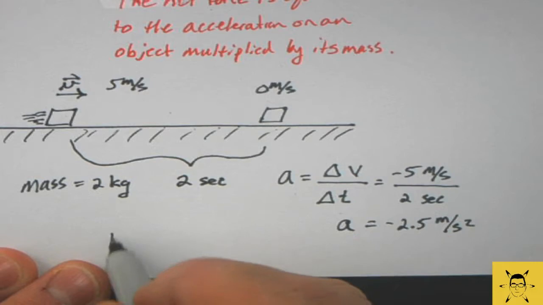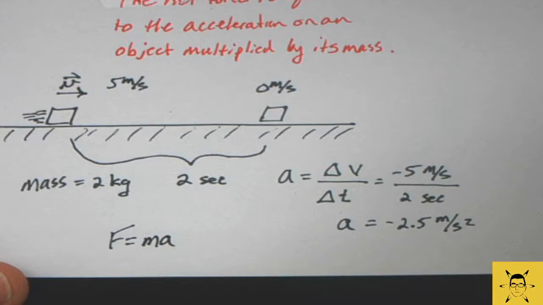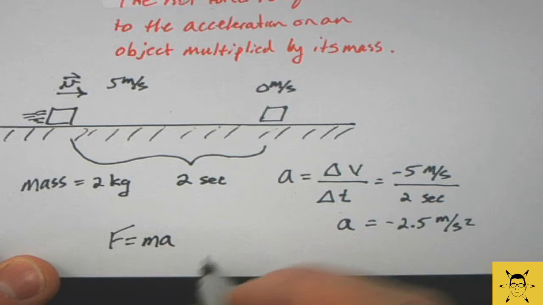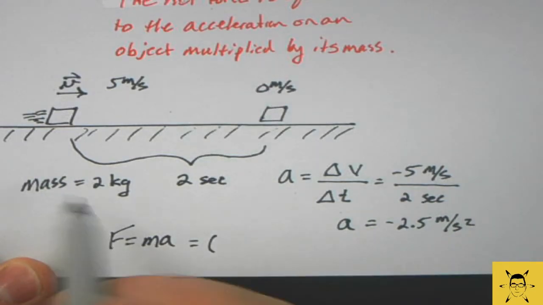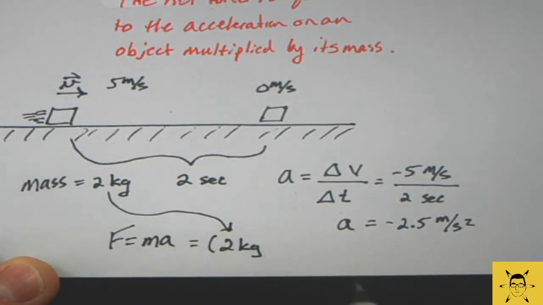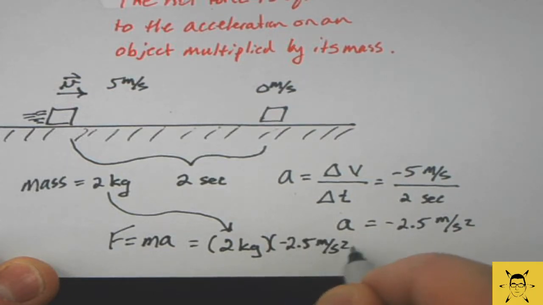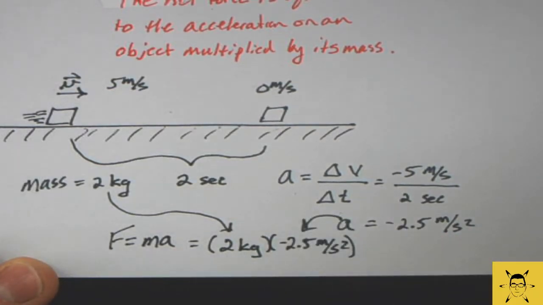But we know that our force equals mass times acceleration. So what's the force acting on this object? It's going to equal our mass times our acceleration, right?